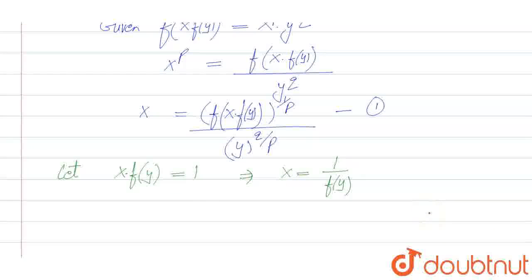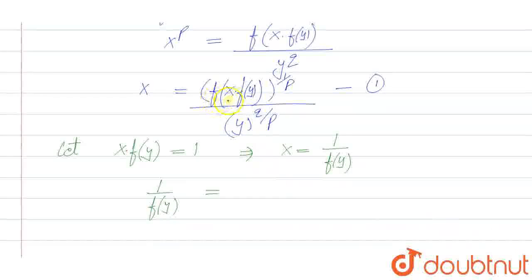So equation 1 becomes, in place of x we write 1/f(y). So this becomes 1/f(y) = f(1)^(1/p) divided by y^(q/p), since x·f(y) is 1.